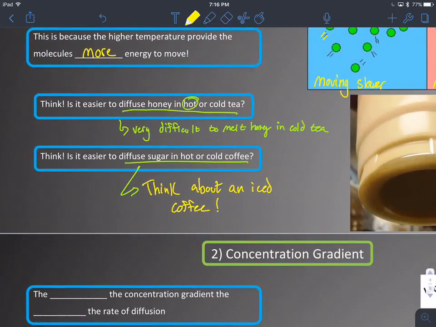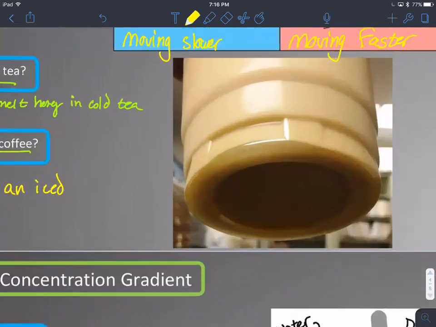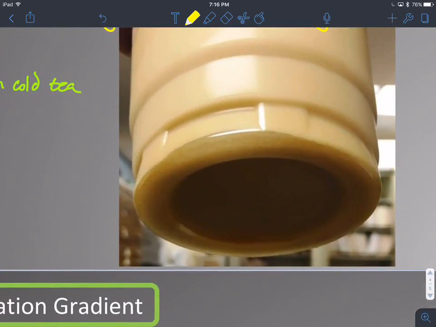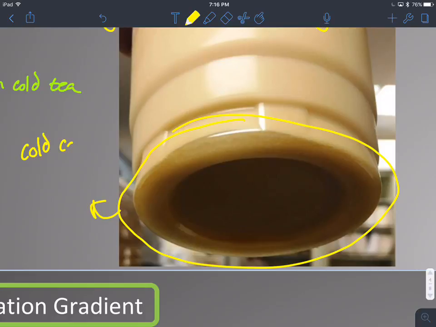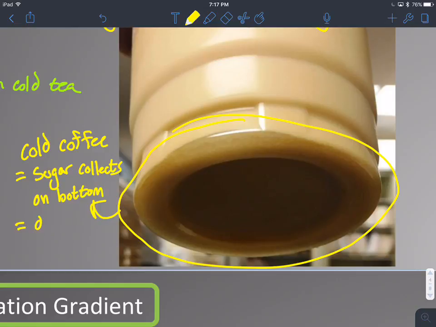But when you drink an iced coffee, this is what you see right here on the right, is that you guys should note that the sugar, right, it all collects on the bottom. Which means that it does not diffuse very well.